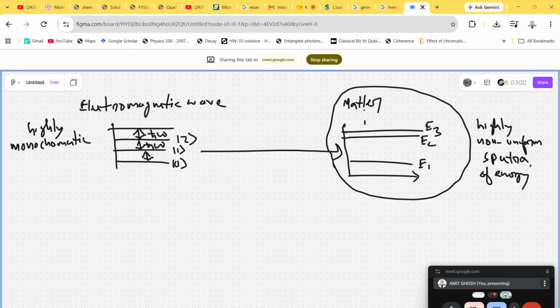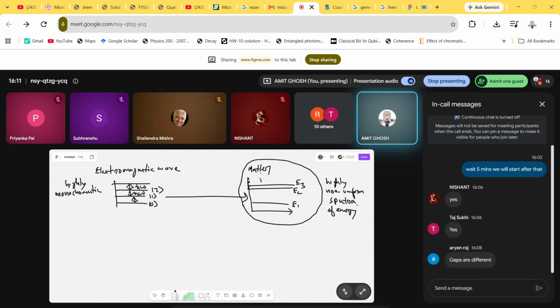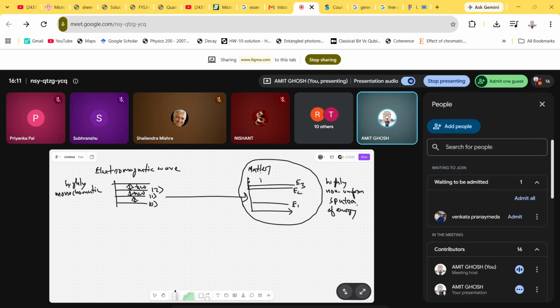So now tell me, why can we simplify this as a two-level state, because actually matter has many energy levels, right? Why can we assume it is a two-level state? Yeah, gaps are different, that I understand.